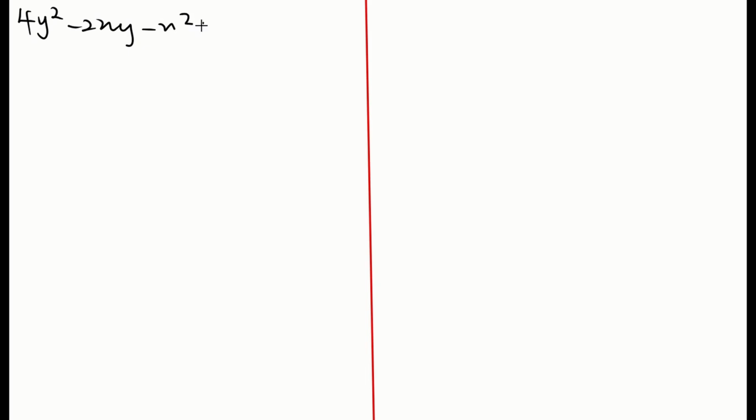So from that question, you realize that the equation of the curve is given to us by 4y squared minus 2xy minus x squared plus 11 equals 0.